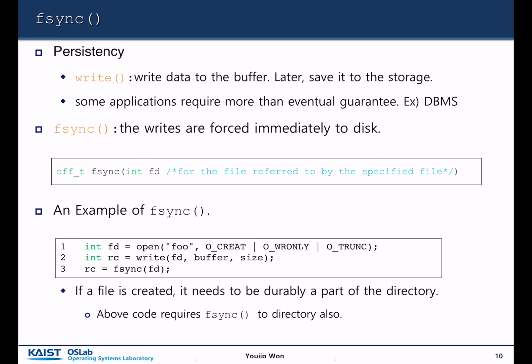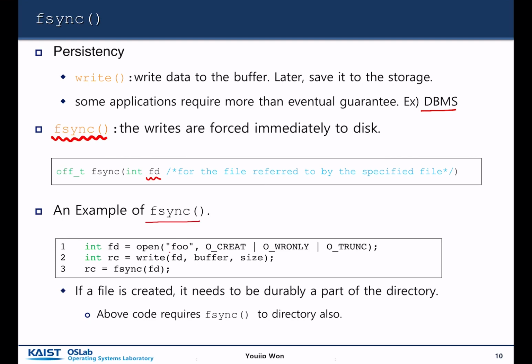However, some applications require more than eventual guarantees, for example, a DBMS. The operating system provides a system call called fsync. It gets a file descriptor as its parameter. If it returns, then the contents of the dirty blocks associated with the given file descriptor have been flushed to the disk.